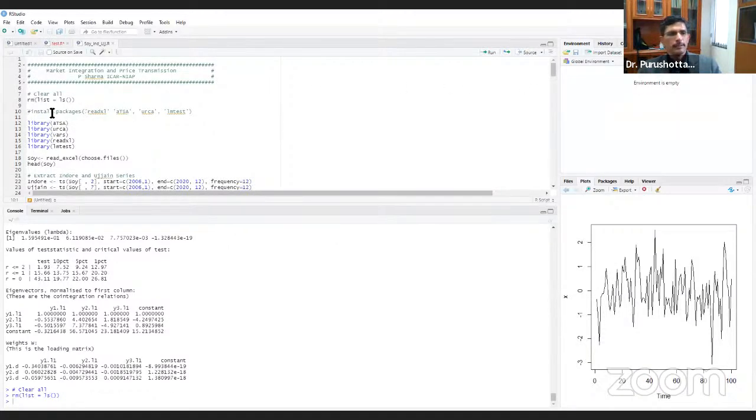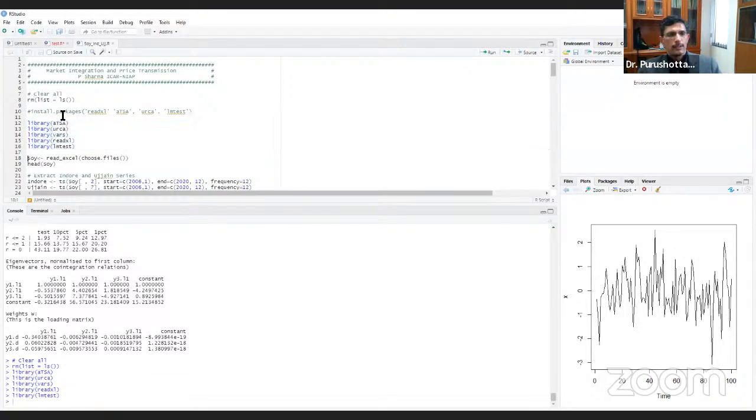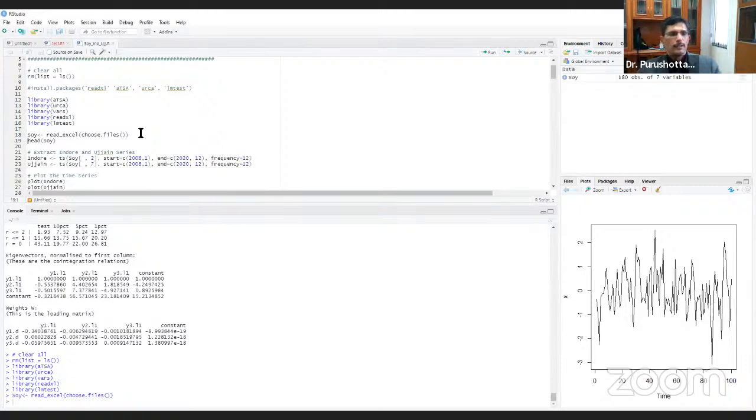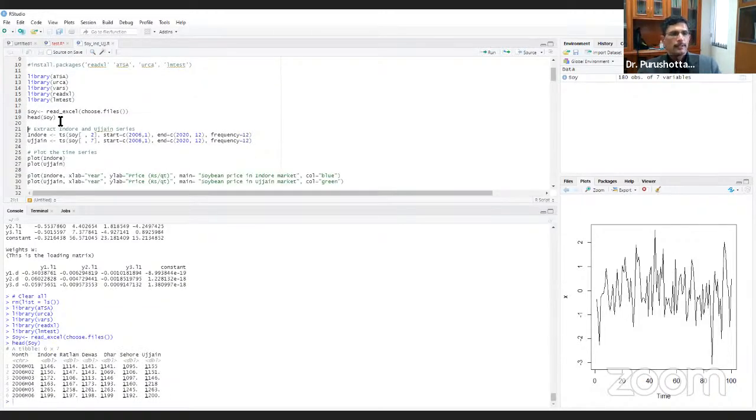I'm clearing all the data, and then I'm installing all those libraries, calling my data, which is stored in my file. Okay, so this is the name of the data file which we have given, and these are the series: Indore, Ratlam, Dewas, Dhar, Sehore, and Ujjain.